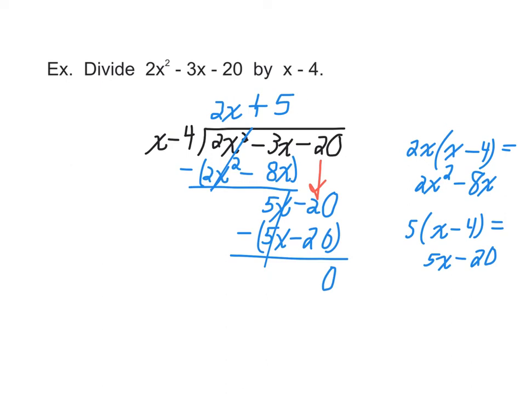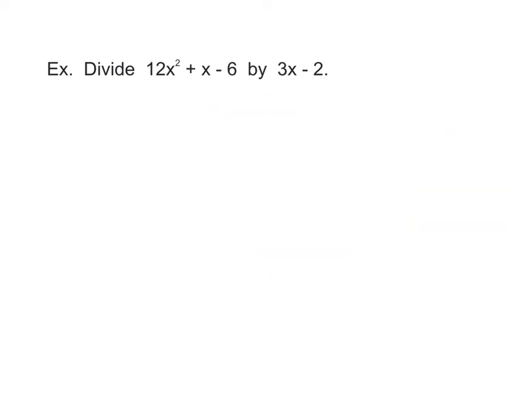Let's work through one last one, and I'll pause a little bit more just so you can think about what values should go in each spot. Okay, let me set it up first. We're dividing 12x squared plus x minus 6 by 3x minus 2.